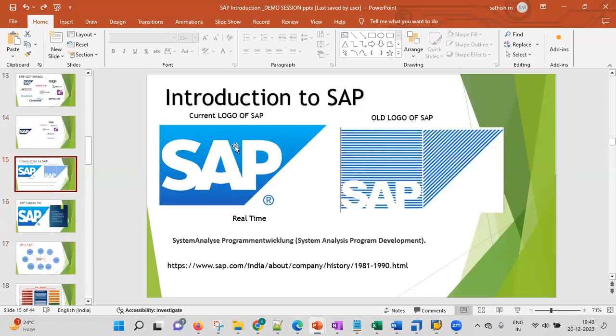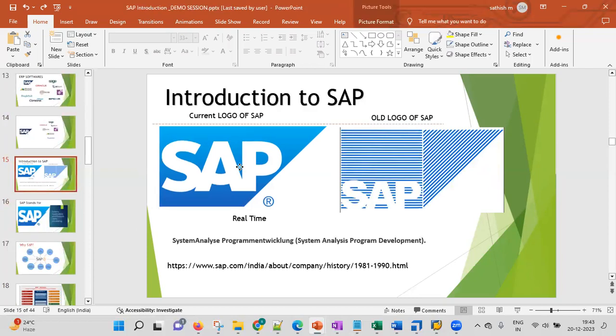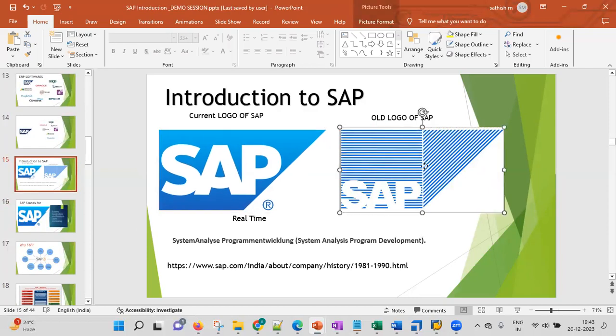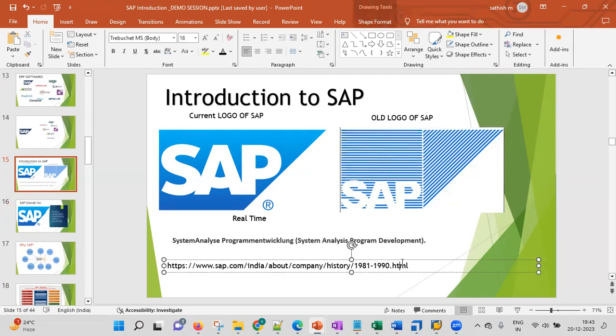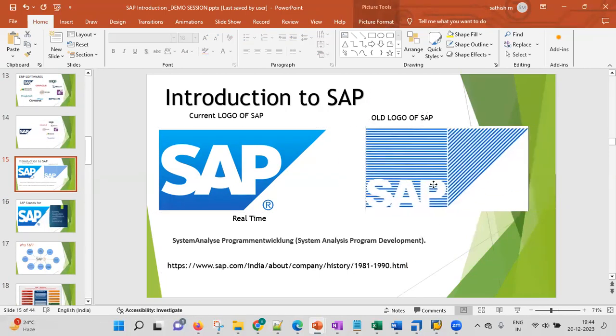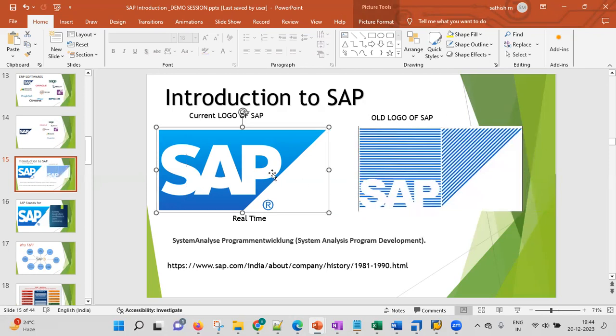So when you see here, SAP's current logo is like this. Earlier, the old logo was like this. In 1972, SAP came into the market. 1972 means almost 50 years have now been completed. You got my point?